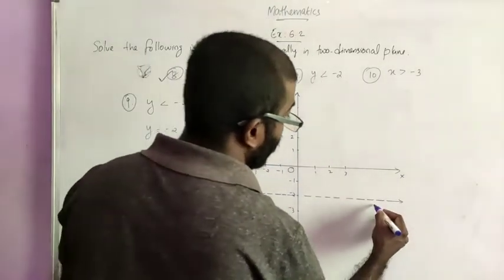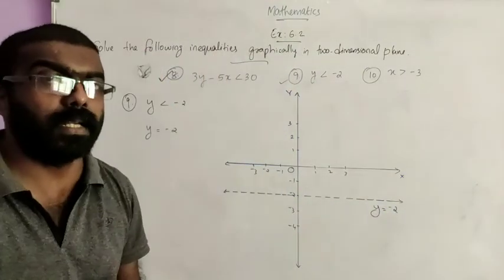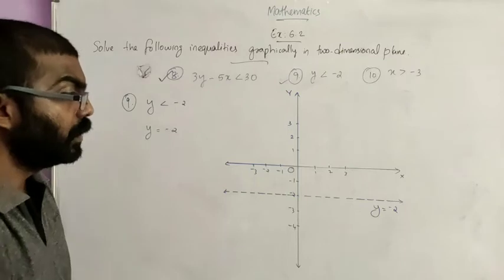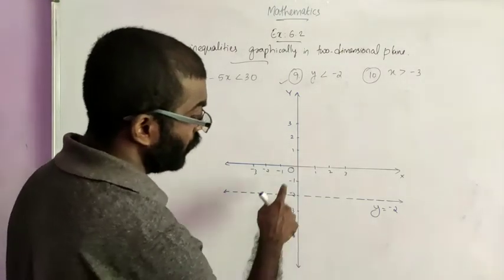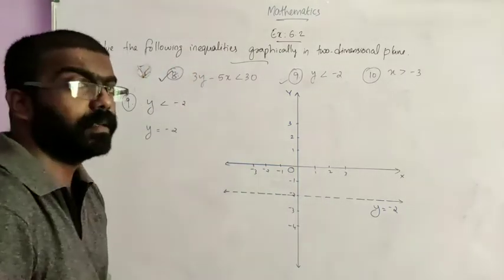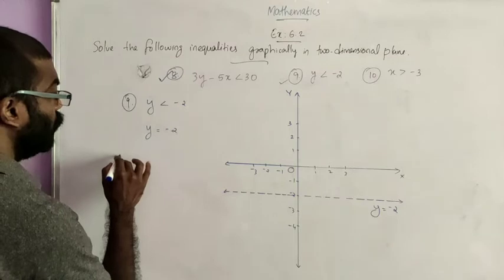So here we can write y is equal to minus 2. Now we have to identify the solution region. For that we can take the point 0, 0. Here it is on the upper half plane. 0, 0. Here only y value.